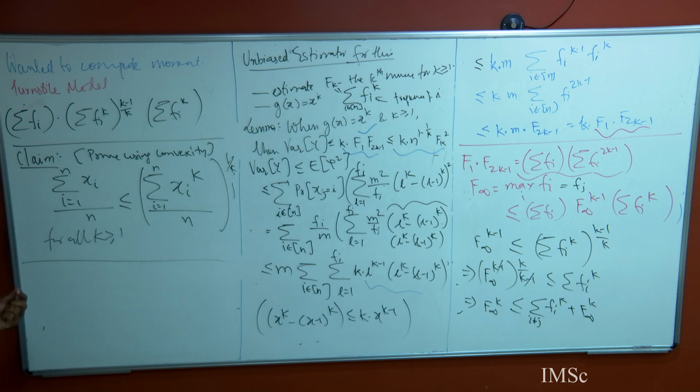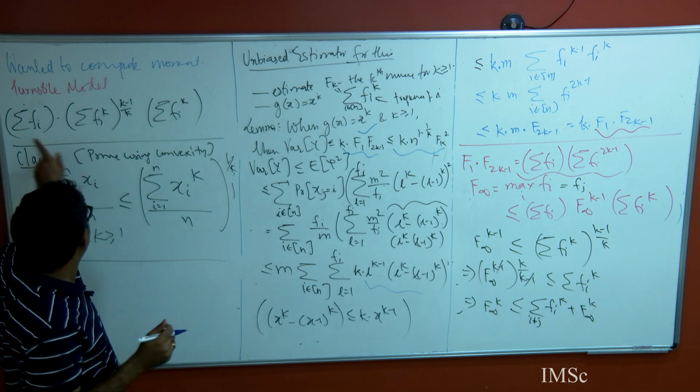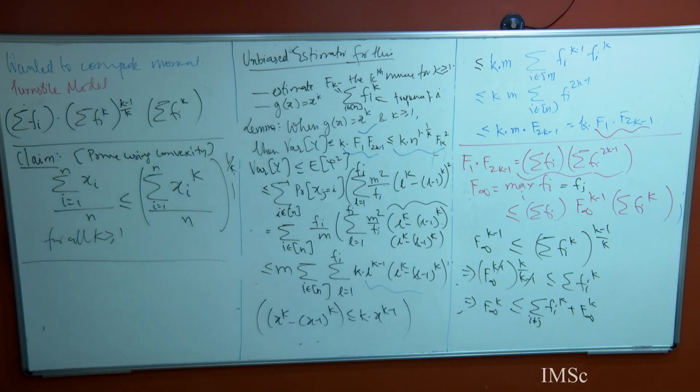So now I would like to use this in this estimate. So how am I going to use this? Where will I use this? You see here, k minus 1 by k? So I could use it there, no? So first one, okay.